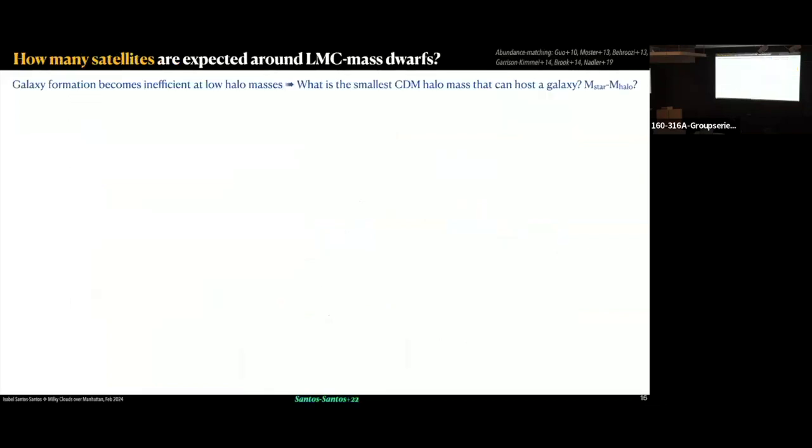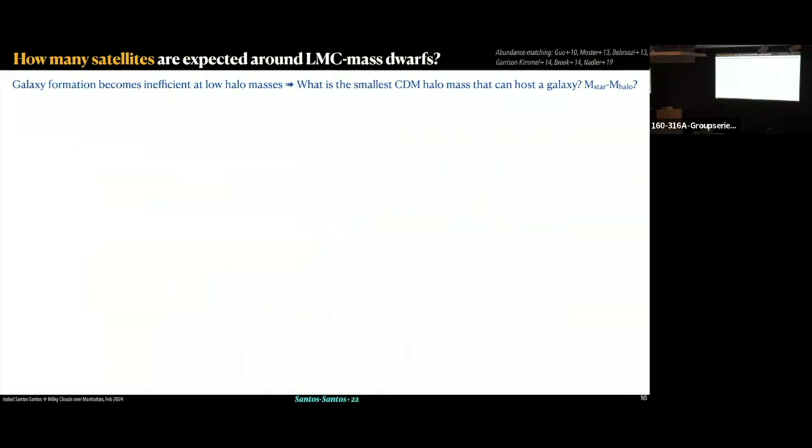And finally, I'd like to talk about the idea of galaxy formation in very small halos. I mentioned that the model predicted between 1 and 3 satellites per LMC, but if we had used any other galaxy formation model, the prediction would have been different. So what is the real number of satellites expected around the LMC?